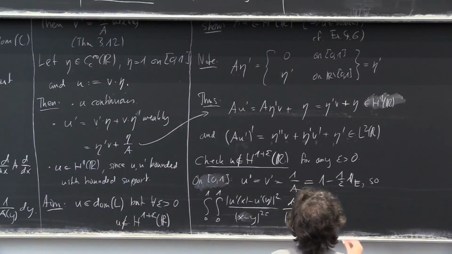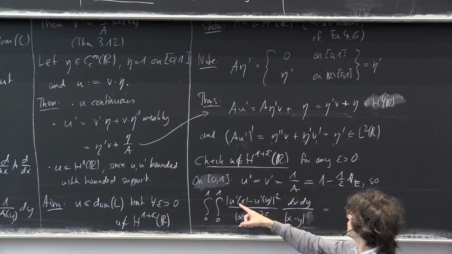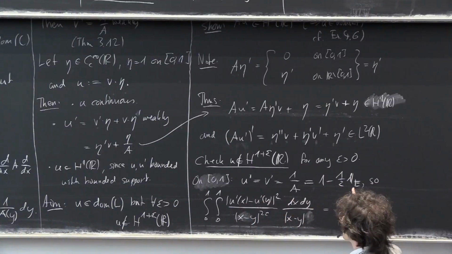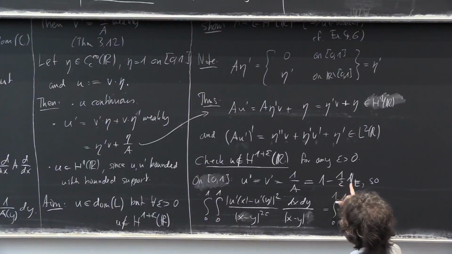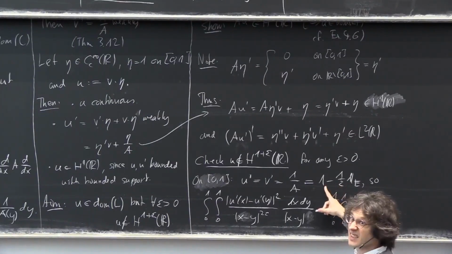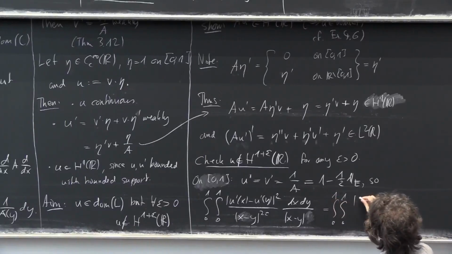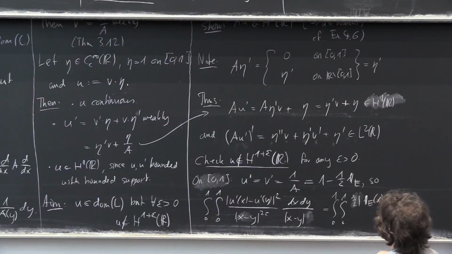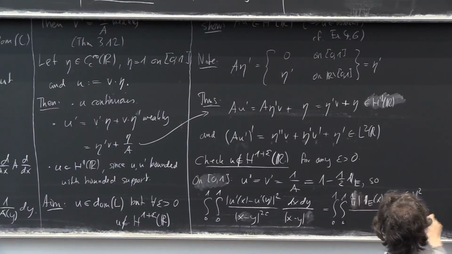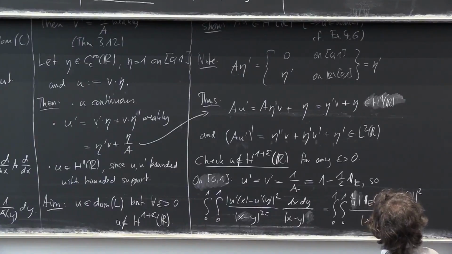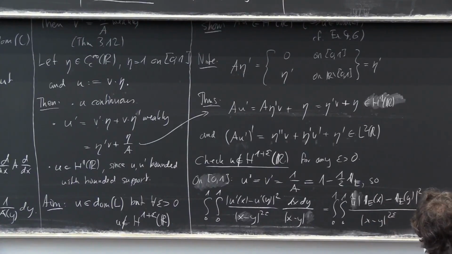Okay, so we know what U prime is. U prime is this stuff here. So this is the integral 0, 1, integral 0, 1. If you take this in x minus this in y, the two ones cancel. And what you get is 1/2 times the characteristic function of E in x minus the characteristic function of E in y, squared. And the square gives you here 1/4 over modulus x minus y to the 2 epsilon, dx dy over modulus x minus y.